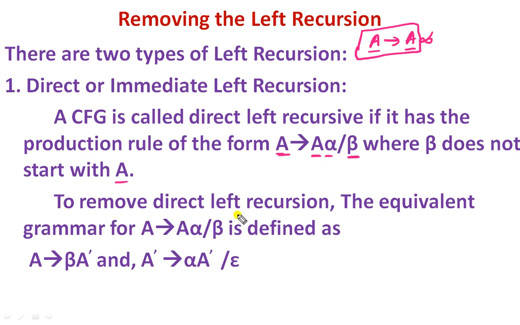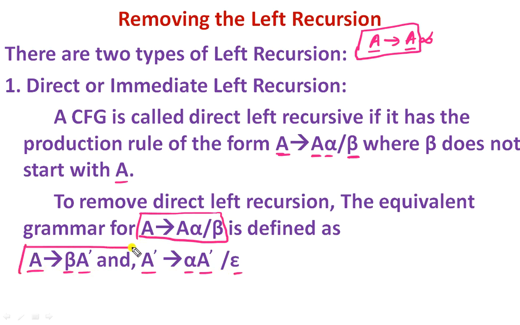To remove direct left recursion, the equivalent grammar for A generates A alpha or beta is defined as follows. The given production shall be converted as A generates beta A dash, and A dash generates alpha A dash or epsilon.